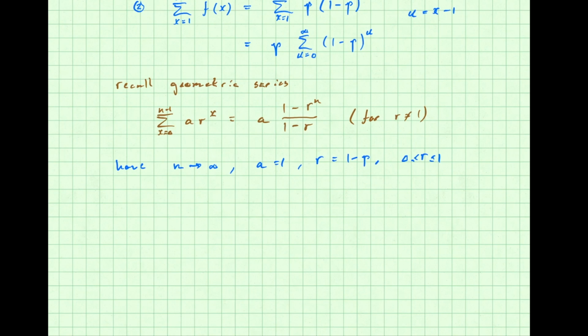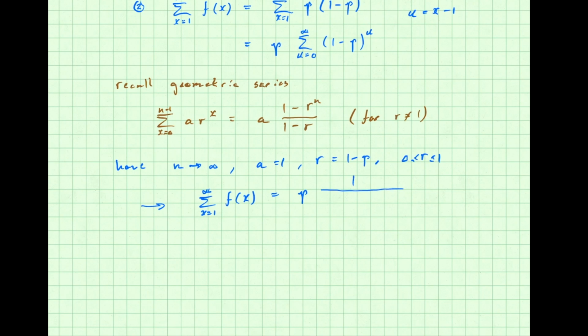And so if you put those in, what do you get? Well, you get the sum from x equals 1 to infinity of f of x, the thing that we were looking at. This becomes p. And then in the numerator, you have 1 minus r to the n, but r is less than 1 and bigger than 0, and n goes to infinity, so that numerator is just going to be 1.